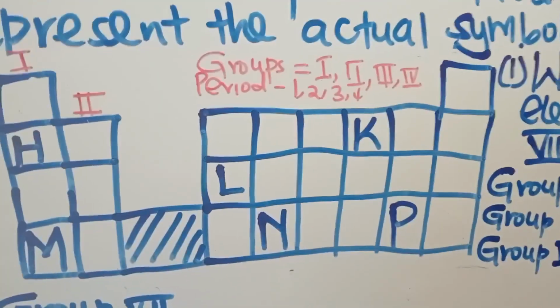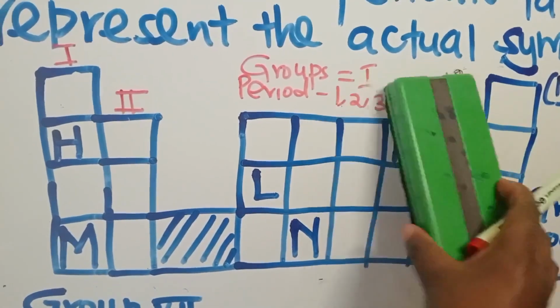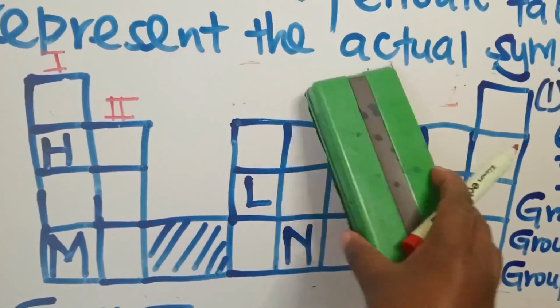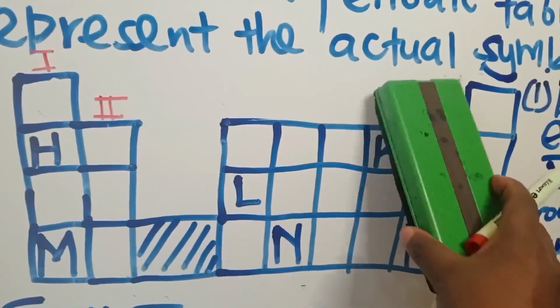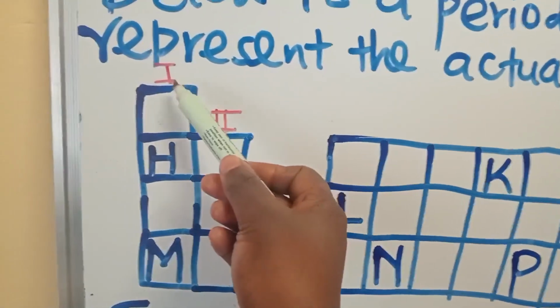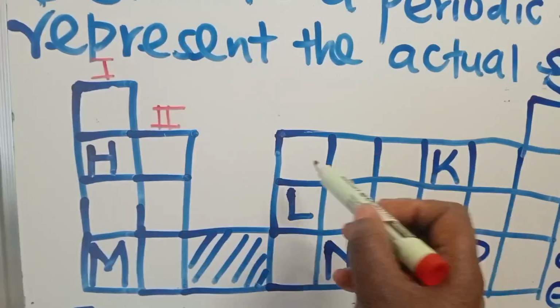So up here, that is where we are supposed to indicate the groups to which each and every column belongs to. So this is Roman 1, Roman 2.